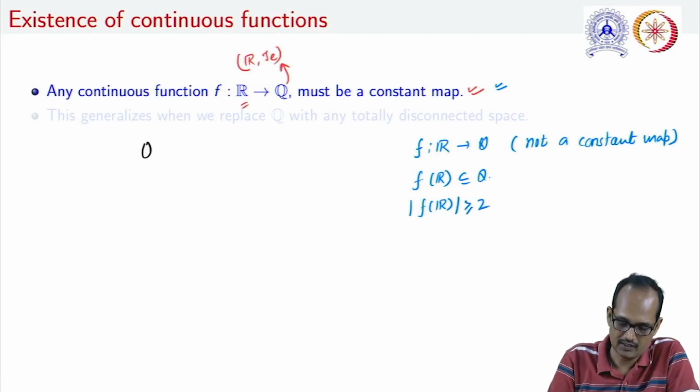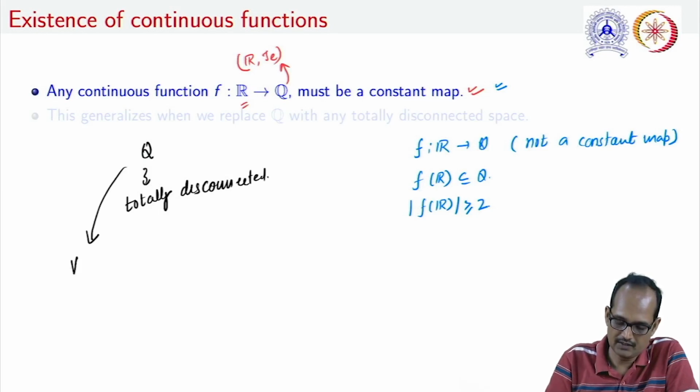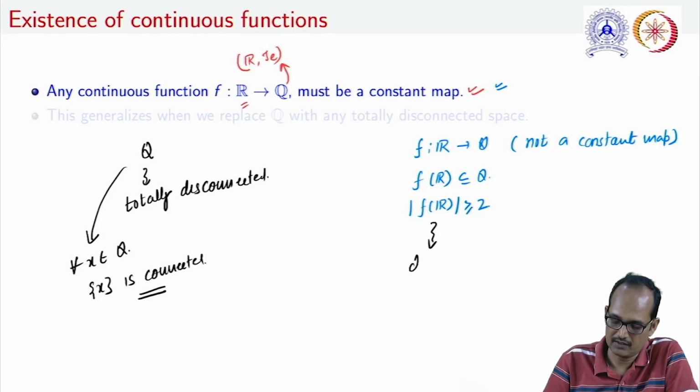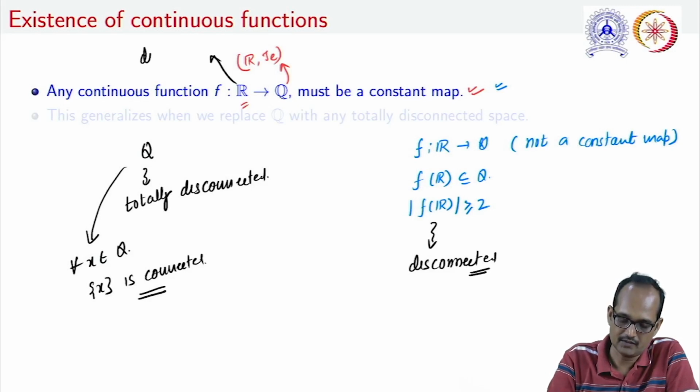Recall that we have shown that this set is totally disconnected, and if this is totally disconnected, only singleton sets are connected here. This is connected for all x belongs to Q. It means that this f of R is disconnected, while we have shown that this is connected.